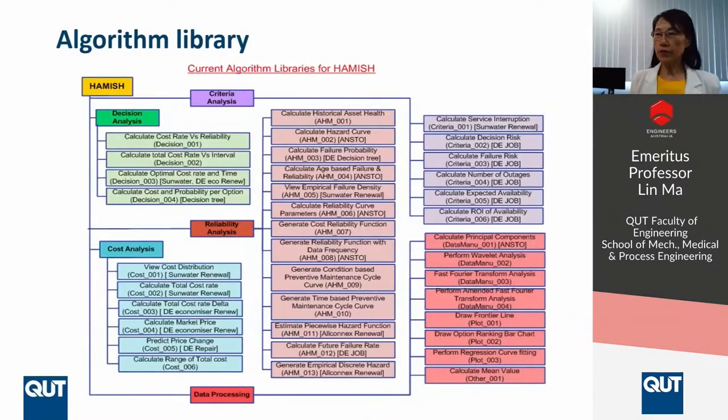So during the last 15, 16 years, for dealing with those problems and the different aspects of integrated asset management, we developed a lot of algorithms that are actually applied in industry. That means we have accumulated a lot of learning curves so that we don't need to start from zero when we take on a new project.